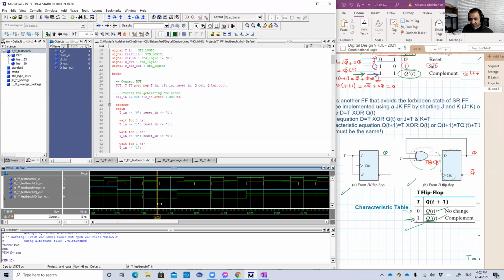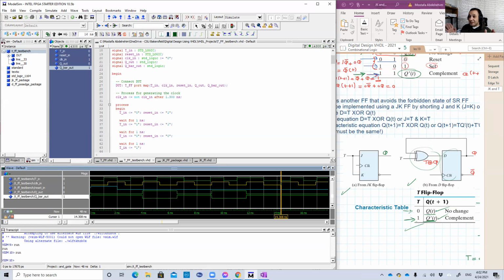No change here, it's a negative edge. Here it's a positive edge, T is again 1, so we toggle again from 1 to 0, and Q bar from 0 to 1. Again 1, another toggle. Let's check another state: here the positive edge came and T is 0, so no change. Q stays 0 and Q bar stays 1.